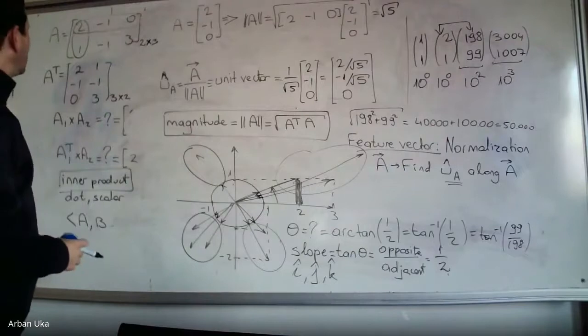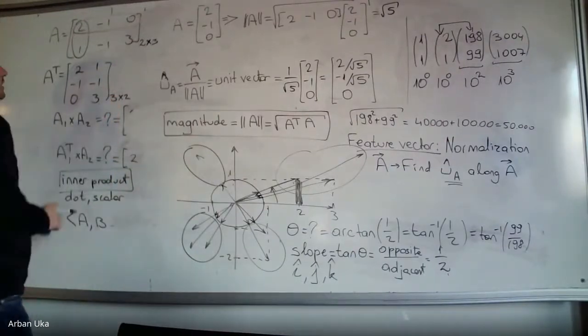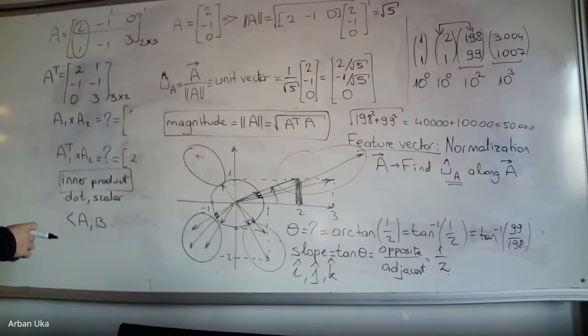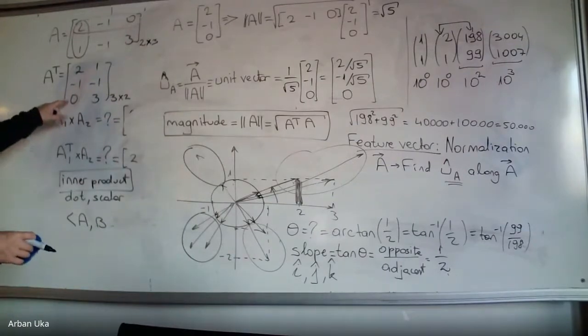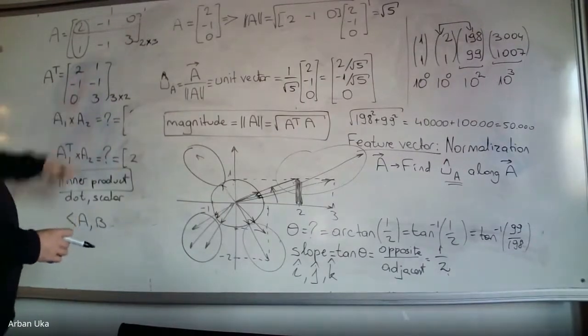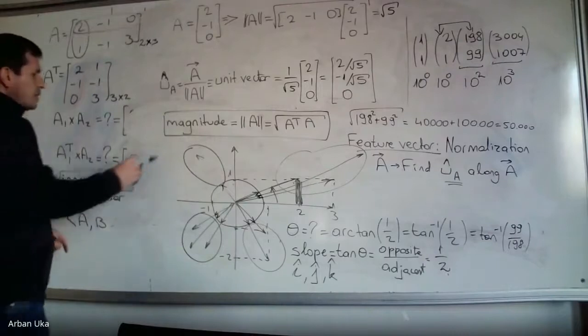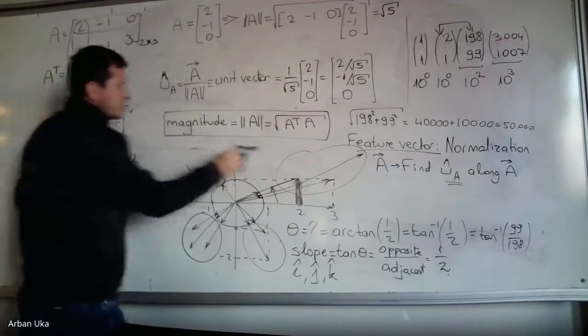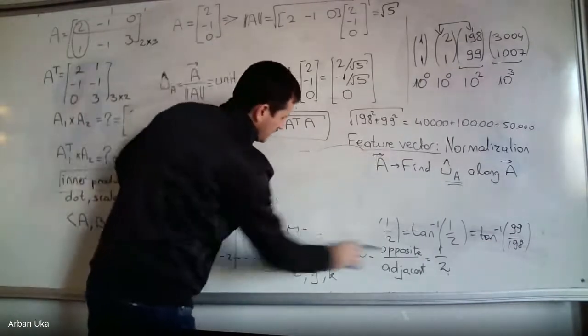Now we are dealing with vectors, and we can also try to identify what is the angle between the columns of A. Probably we can erase this part, or let's keep the magnitude a little more.